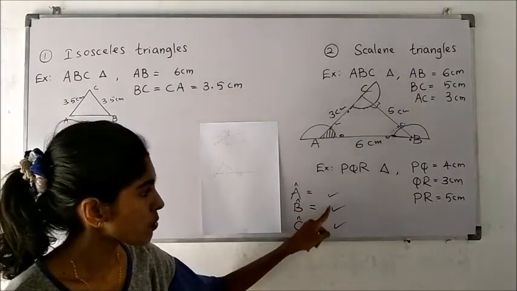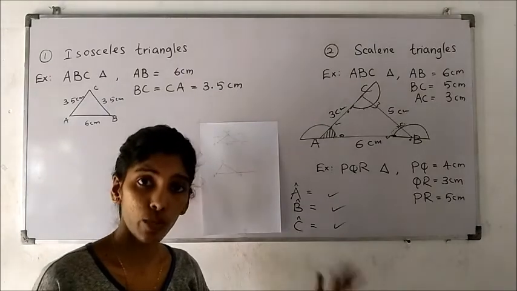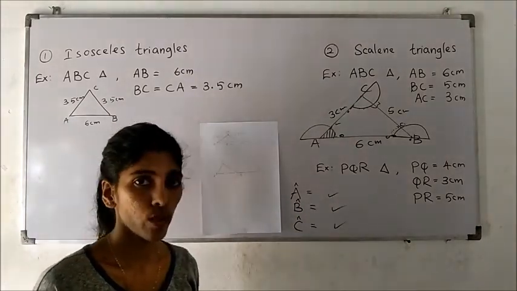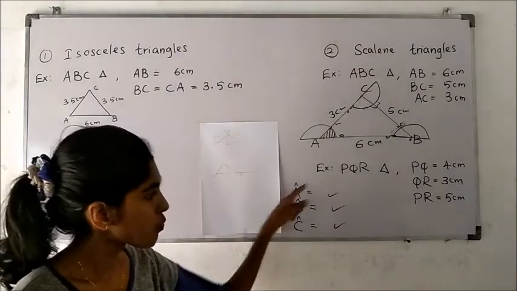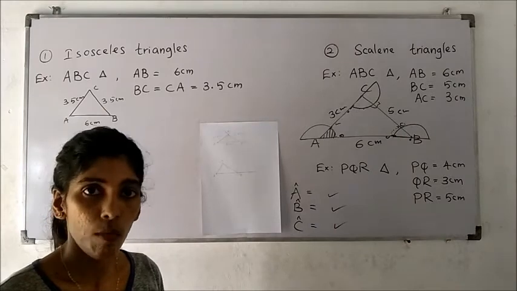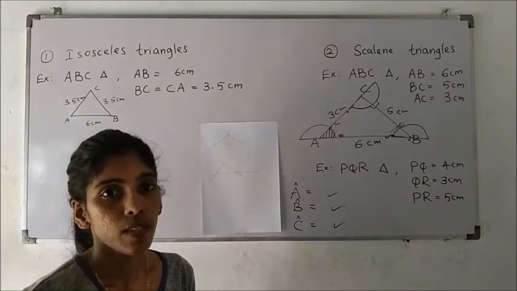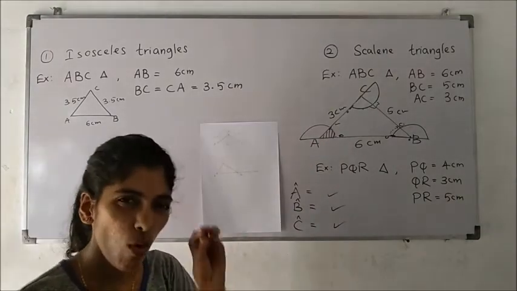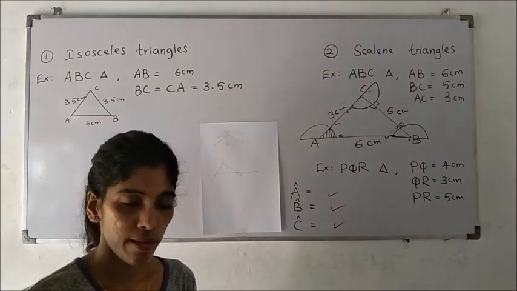So that means you go through the values here. If all the 3 are acute angles, that means less than 90 degrees, they are acute angles. If so, that triangle is an acute angle triangle. If one of these 3 is more than 90 degrees, that is called obtuse angle triangle. So if all the 3 are smaller than 90 degrees, that triangle is acute angle triangle.